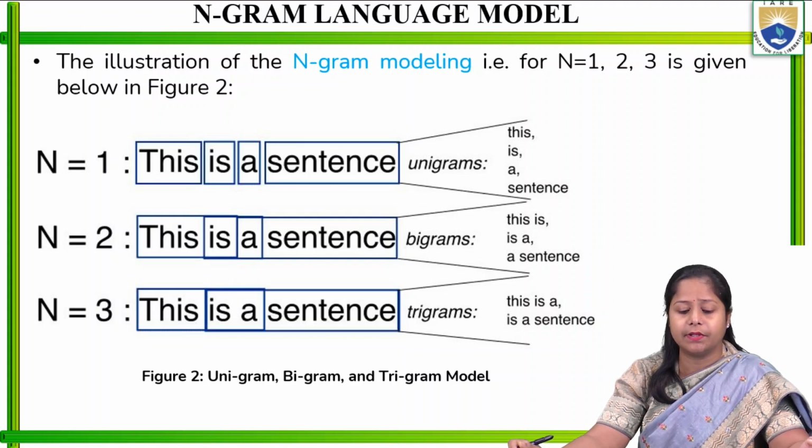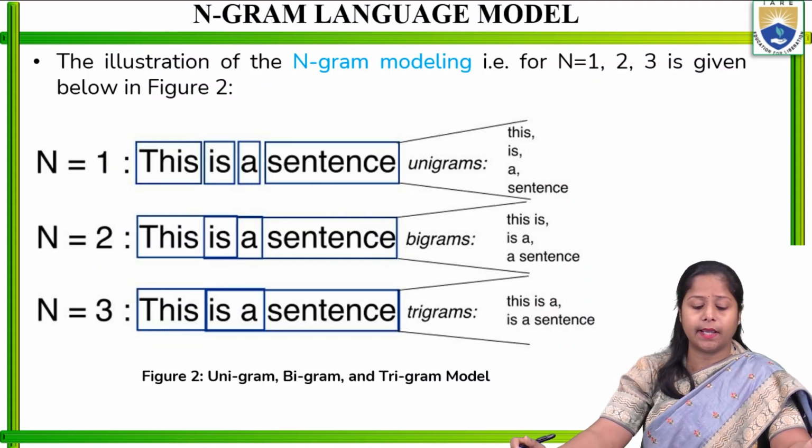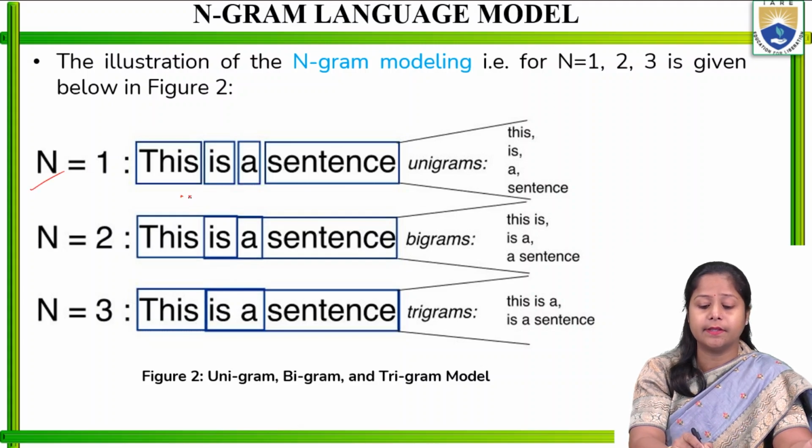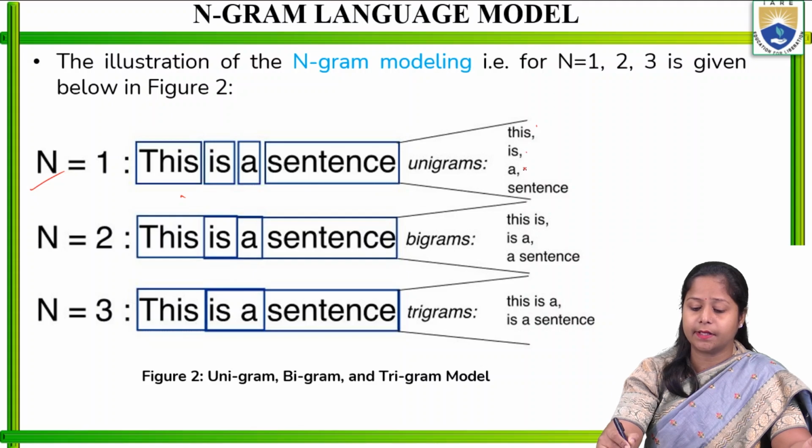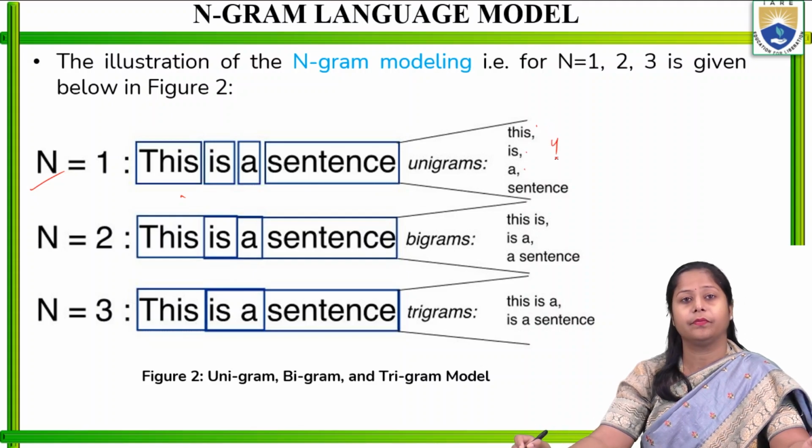Now in the illustration we will see how n-gram modeling actually works, whenever we take n equal to 1, n equal to 2, n equal to 3 and so on. It is given by this figure. If we take n equal to 1 in the sentence, this is a sentence, unigrams can be there: this, is, a, sentence. So 4, right?